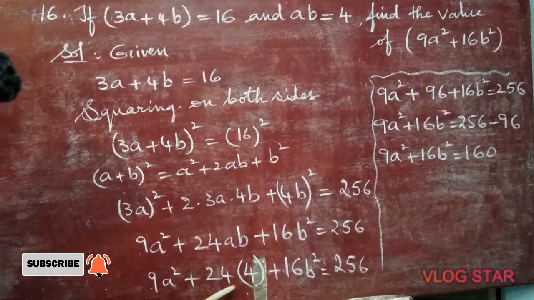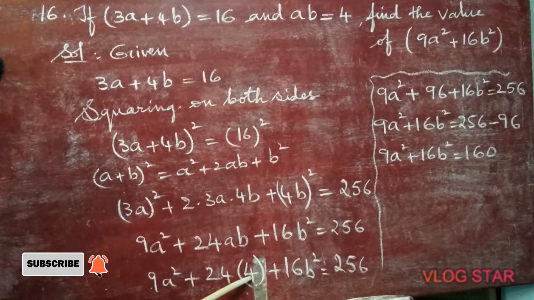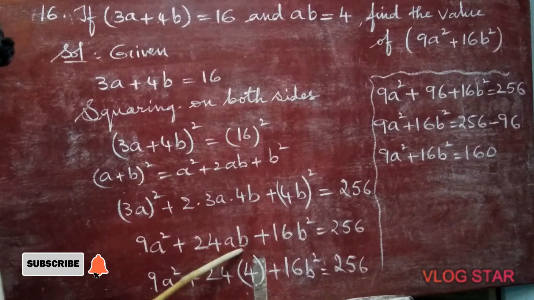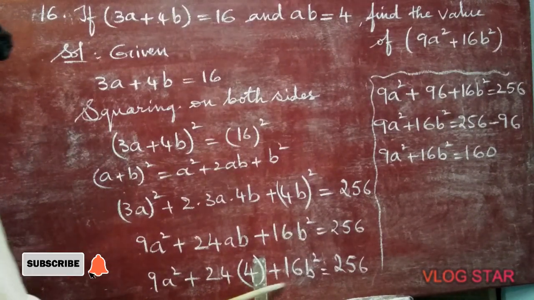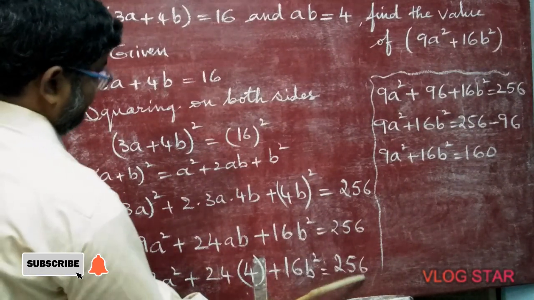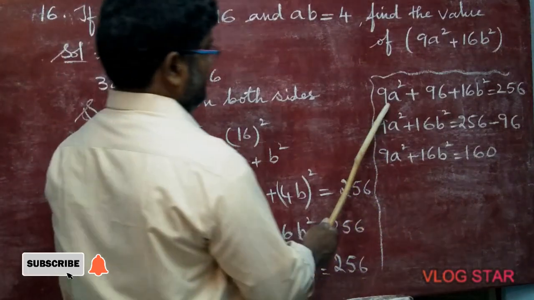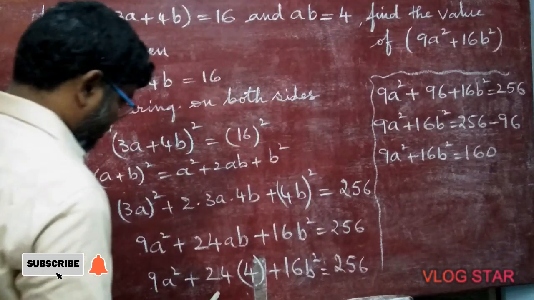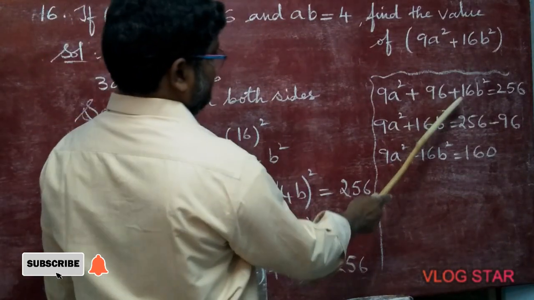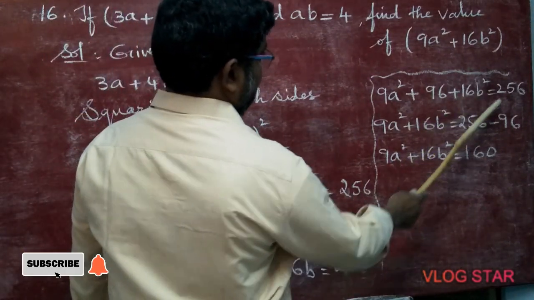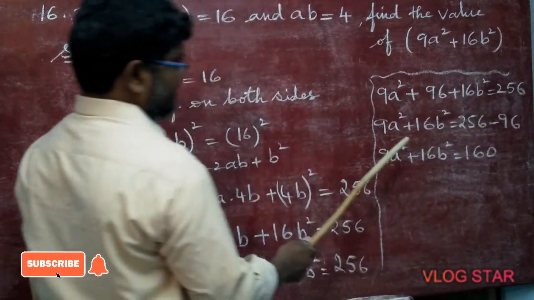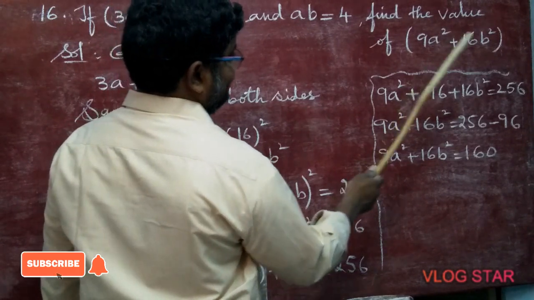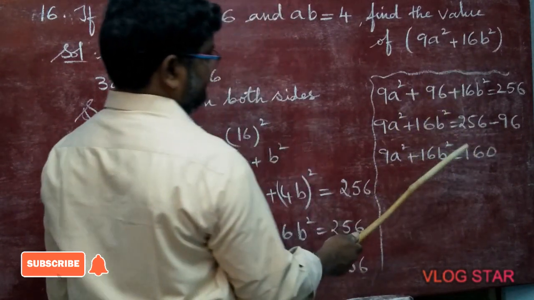9a square plus 24 into 4. From where we got this 4? Given in the problem, ab is equal to 4. So replace ab value as 4. Plus 16b square is equal to 256. 9a square plus 24 4s are 96 plus 16b square is equal to 256. 9a square plus 16b square, plus 96 you are taking to the right side.